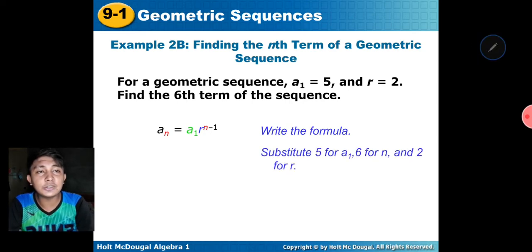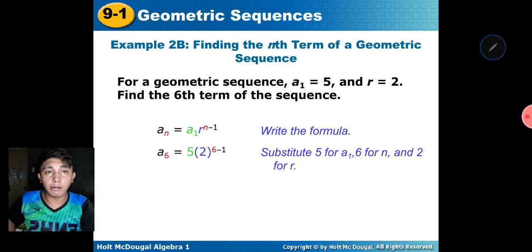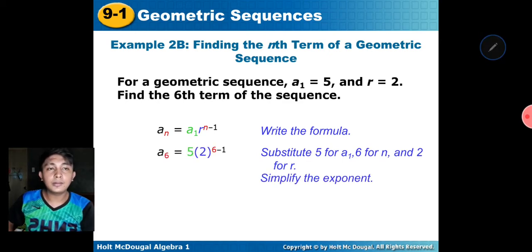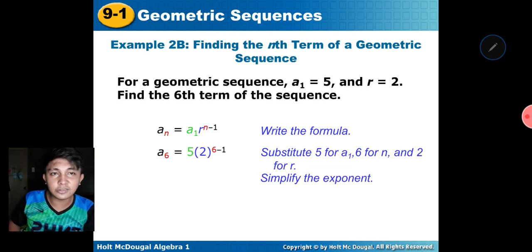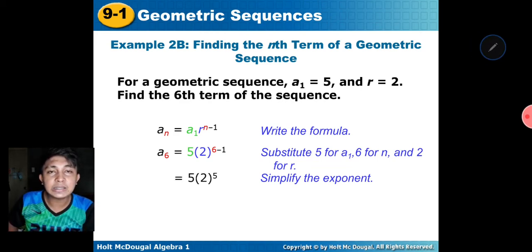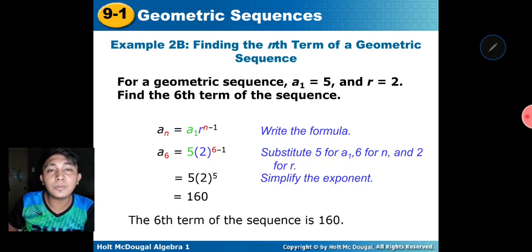So, first, we substitute 5 for a sub 1, 6 for n, and 2 for r. So, we simplify the exponent. 6 minus 1 is 5. So, 2 raised to 5 is 32 times 5. That is 160. So, now, the sixth term of the sequence is 160.